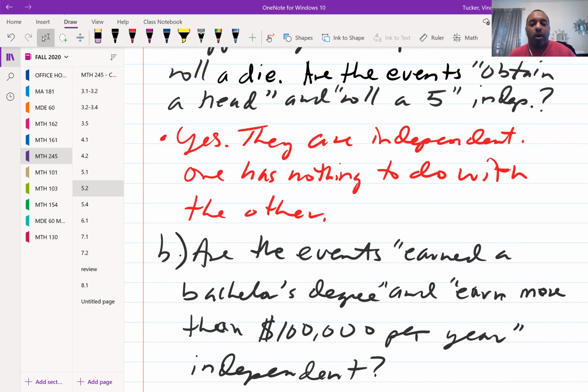Next one, are the events earned a bachelor's degree and earned more than $100,000 per year independent?